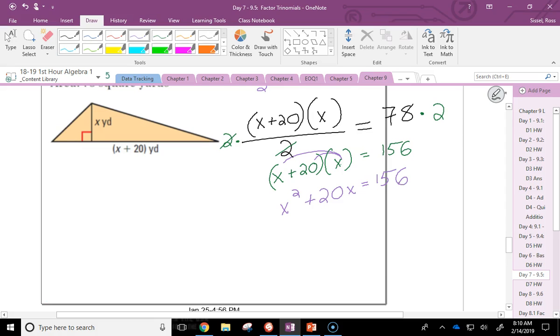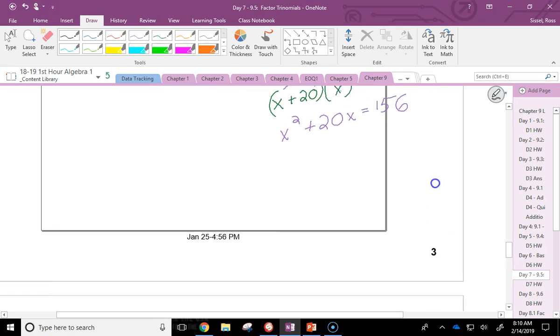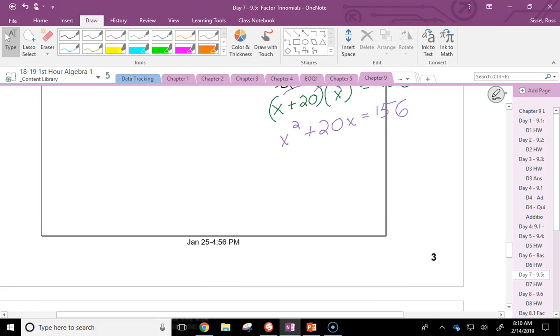And now that we're at this point, you should say, well, that looks familiar. We know how we do this. This is exactly like all our other problems. I need to set it equal to 0, though. So we're going to subtract 156. And I'd have x squared plus 20x minus 156 equals 0.